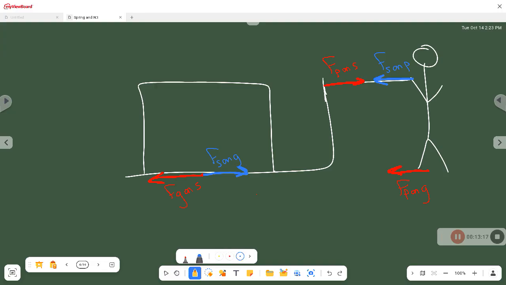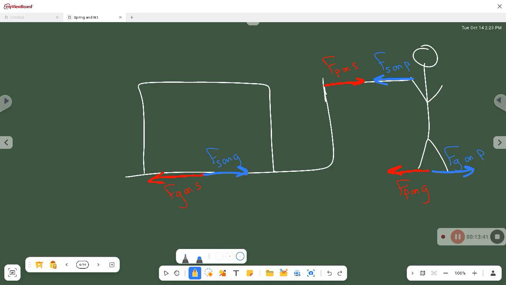And that equal and opposite reactive force, pointing in the forward direction, is what actually causes you to move forward. This is the force from the ground on the person. It's because of Newton's third law that you're able to walk forward at all. You push back on the ground, so the ground has to push back on you, and that's the actual force causing you to move forward when you're walking.